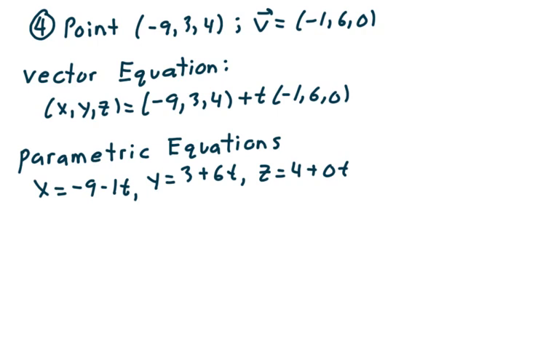The parametric equations for this line, I'm going to take x and set it equal to -9 minus t. y is equal to 3 plus 6t. z is equal to 4 plus 0t. Again, totally fine if you just want to write z equals 4. But that would be the parametric equations for number 4.